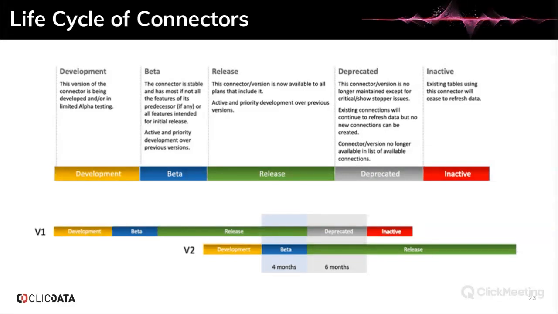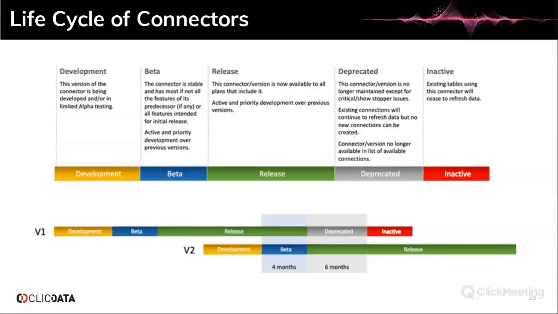We then put it into release mode, and at some point in time, if we need to deprecate it, either because maybe the source or the target system has changed APIs or is no longer providing that type of API, we may have to deprecate that connector and then go into inactive.